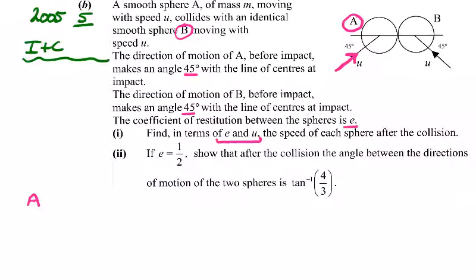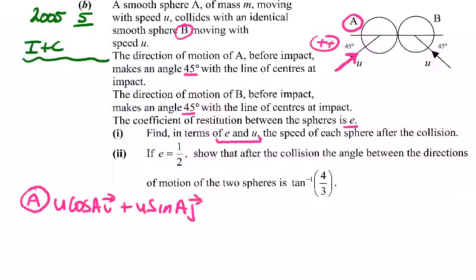Okay, let's look at A here. So A, we have U, it's going in a positive direction. So we have U cos alpha in the I direction, as you all know, plus U sine alpha in the J direction. So let's apply this to A and B. For A, U by the cos of 45, U over root 2 in the I direction.